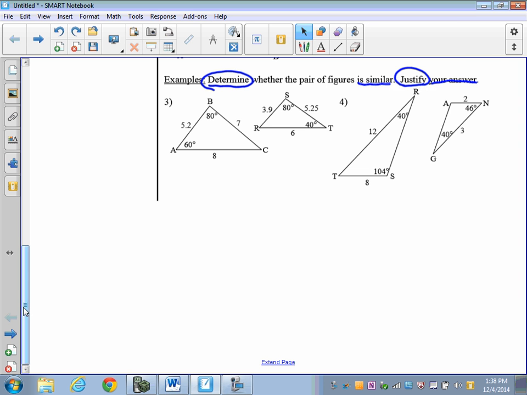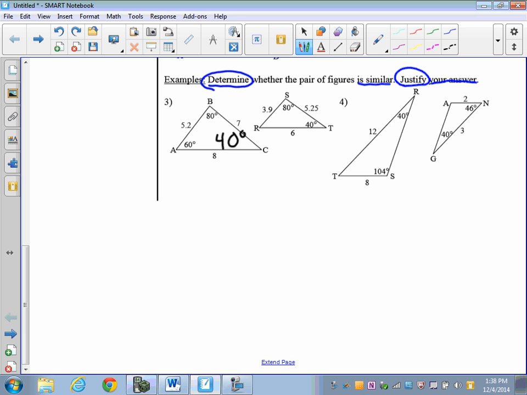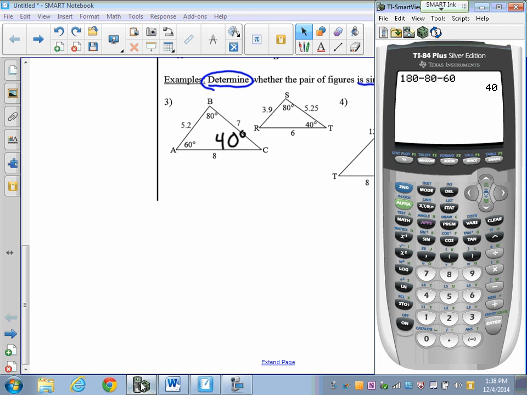I'm missing an angle, so I should make sure that they add up to 180. So I do 180 minus 80 minus 60, and I get this missing angle to be 40 degrees. I do the same thing with the other triangle: 180 minus 80 minus 40, and I get 60 degrees.